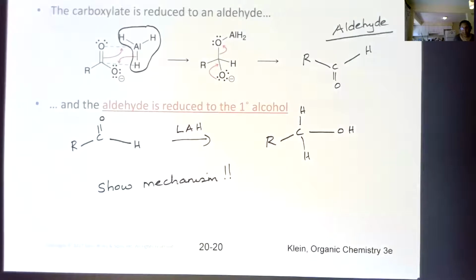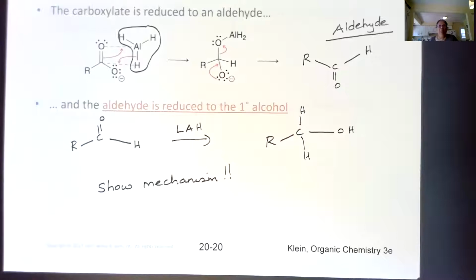I have a question. Are these reactions performed in two different steps? Like, is the aldehyde isolated first and then treated again with LAH, or does it go continuously? I think it could be reactive enough, so it can happen in the same pot.